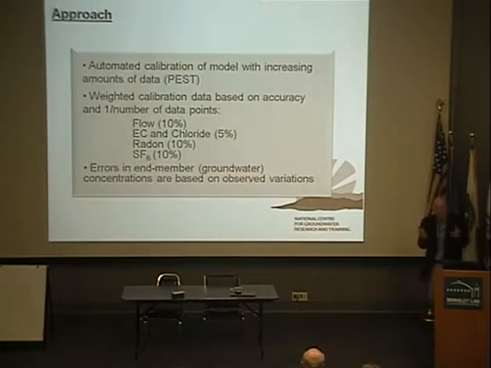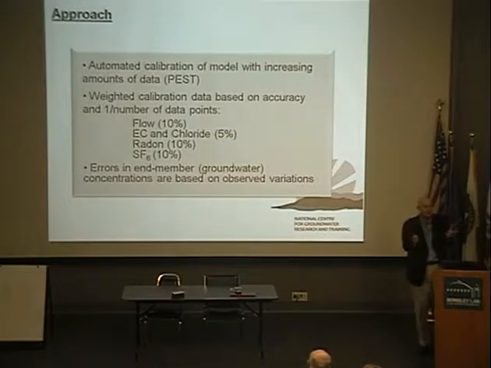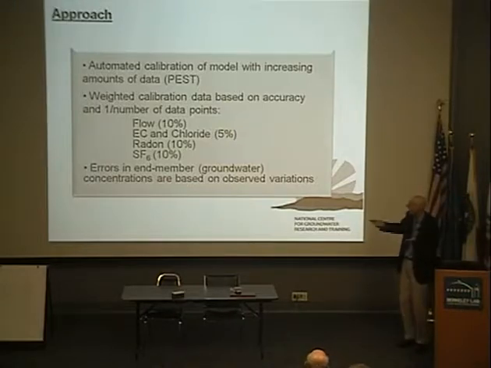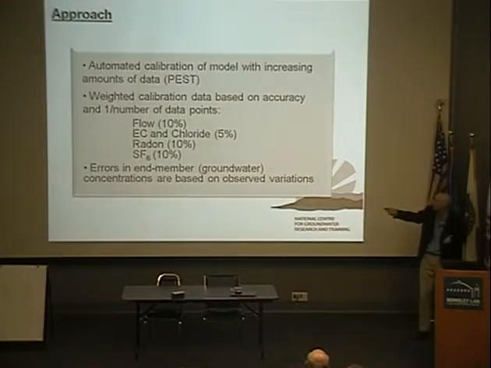Just briefly, we did this using PEST, which is a parameter estimation optimization code that's freely available, I think. And we had to ascribe an error to our data to use that. We said, what is the error of each of our flow gaugings? We said it's about 10%. We said there's a 5% error in these measurements.